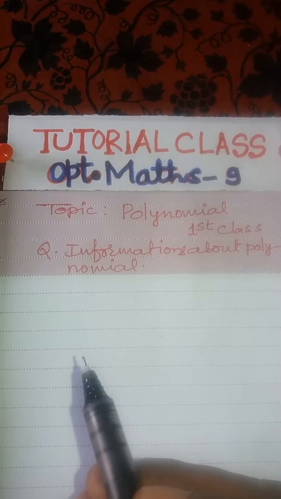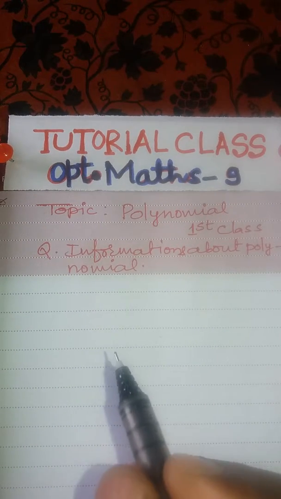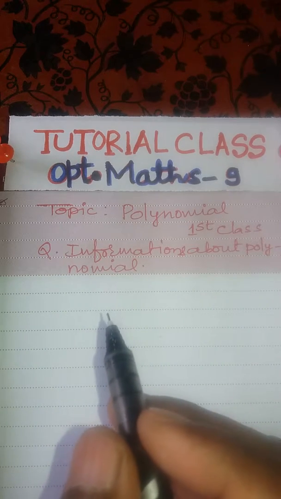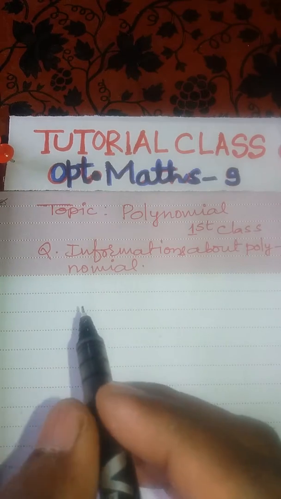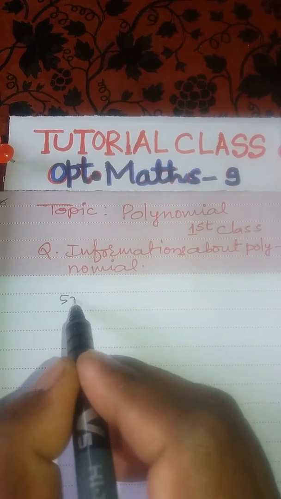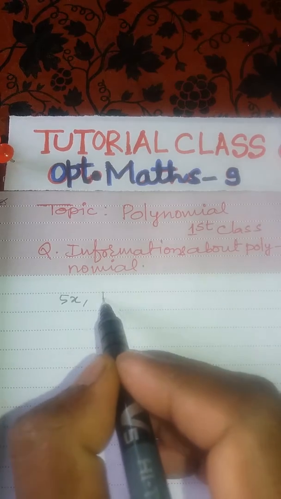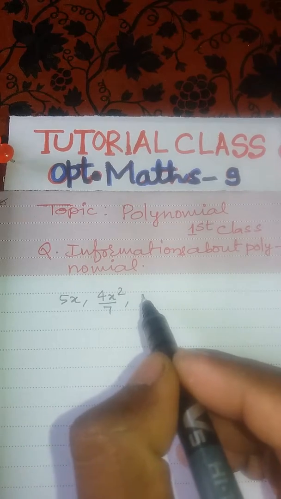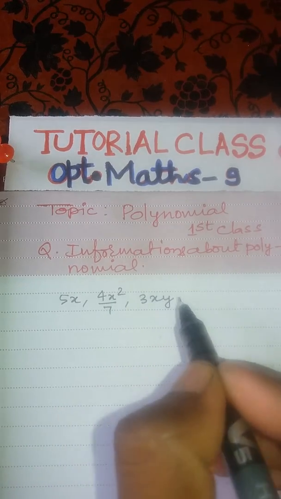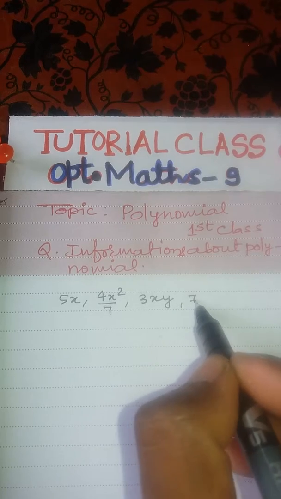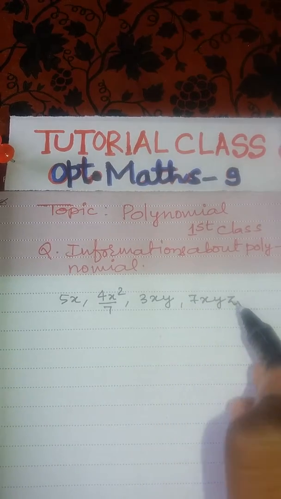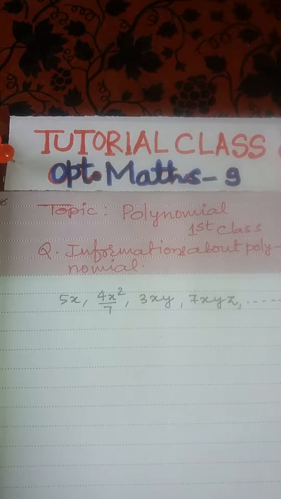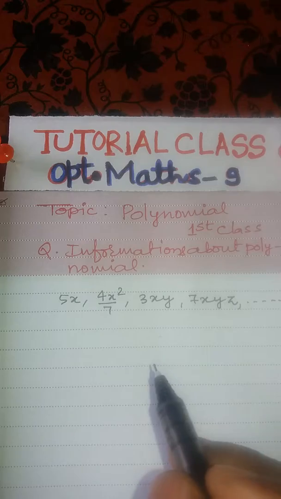Before starting the polynomial, I would like to start from the algebraic terms. See here, 5x, 4x square by 7, 3xy, 7xyz are the algebraic terms.